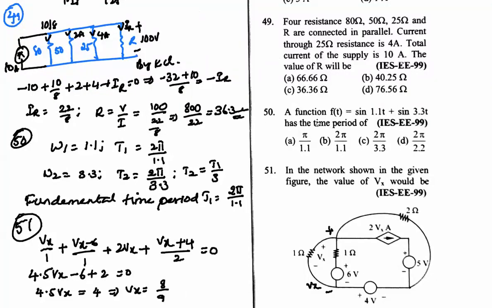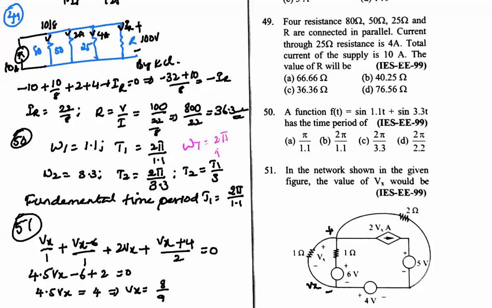Next case, a function f of t is equal to sin 1.1 t plus sin 3.3 t, has a time period of. So in this case, omega t is equal to 2 pi. So omega 1 is equal to 1.1. Omega t is equal to 2 pi.